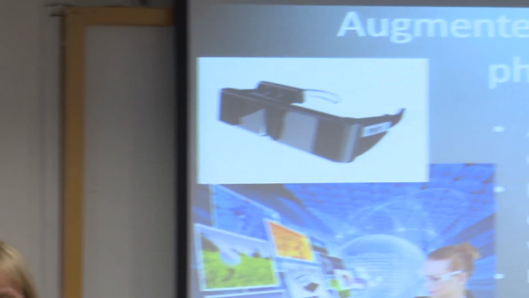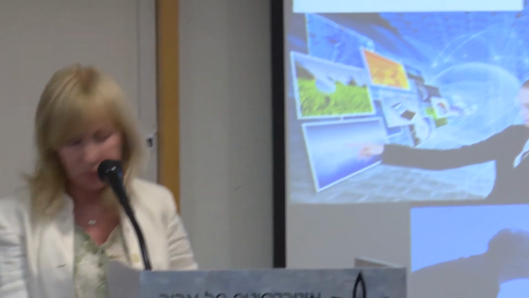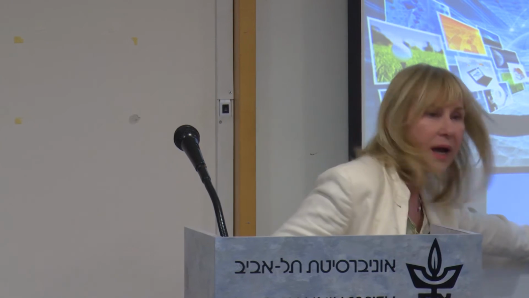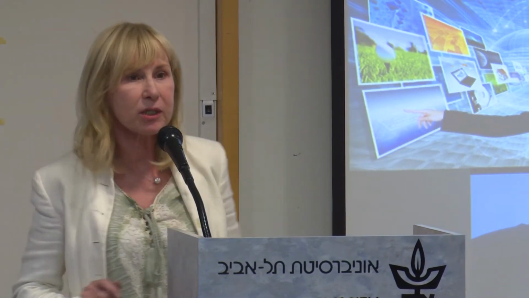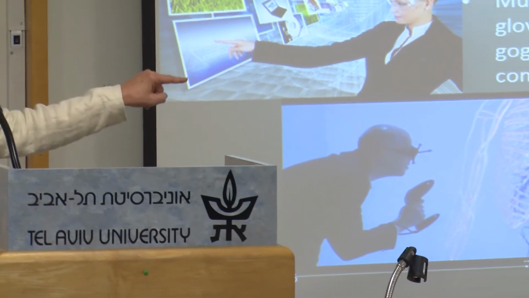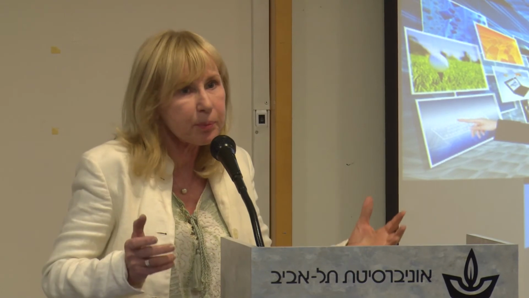And augmented when everything is overlaid. You saw examples, so I'm not going to waste time. This one I find especially interesting because you see the person at the same time. You see also a virtual image that can be used in order to study, to explore, to teach, to learn.